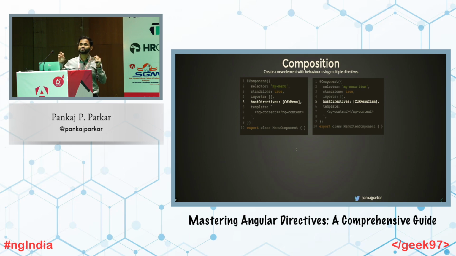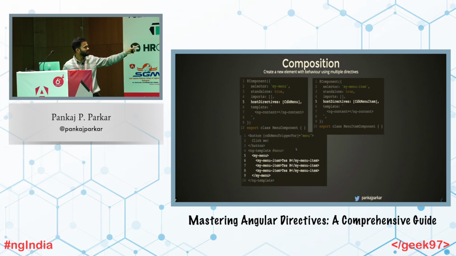I use host directives and it has CdkMenu. CDK is nothing but the Angular Component Development Kit. It has already written some behaviors that you can utilize. So by using these two directives, I can build my component and ultimately achieve the same behavior by composing two directives together.